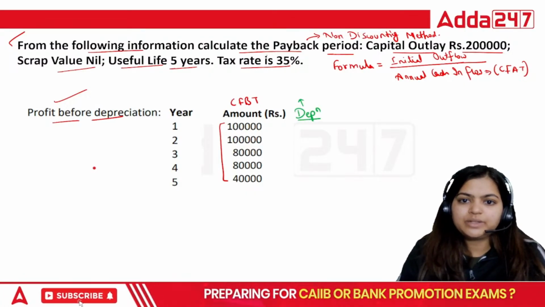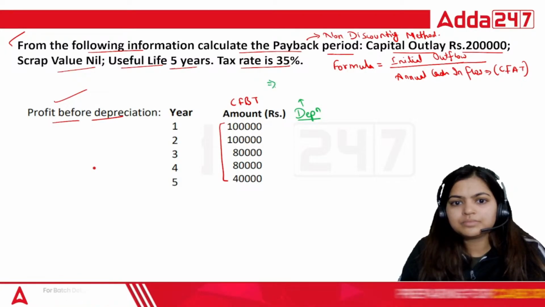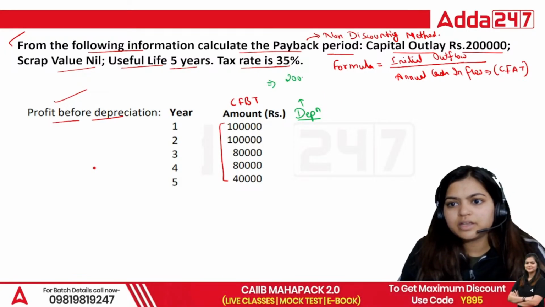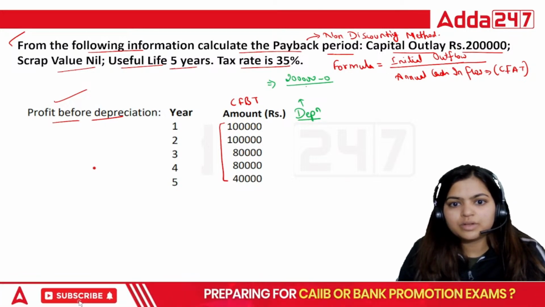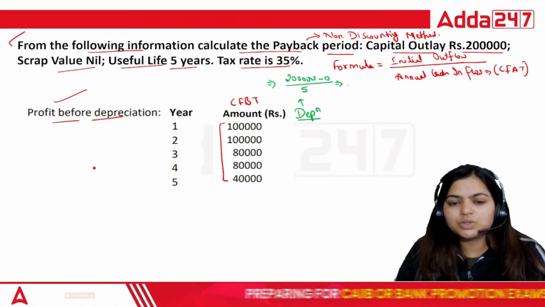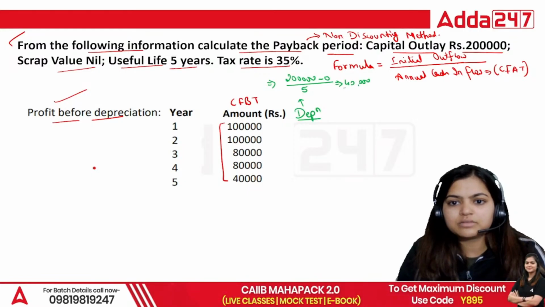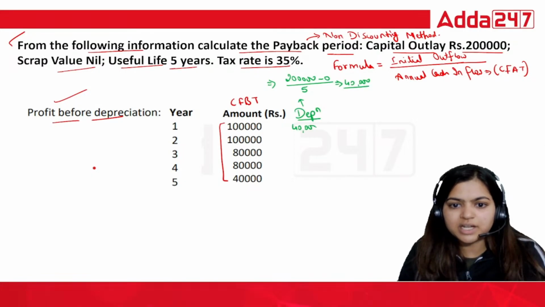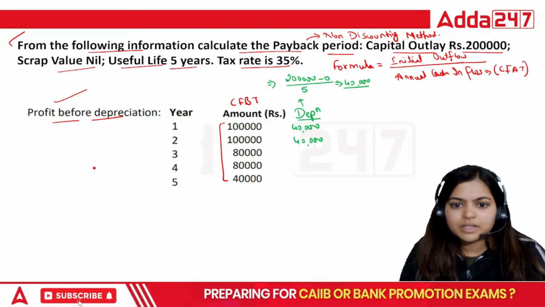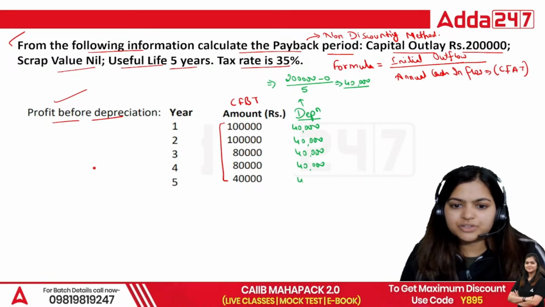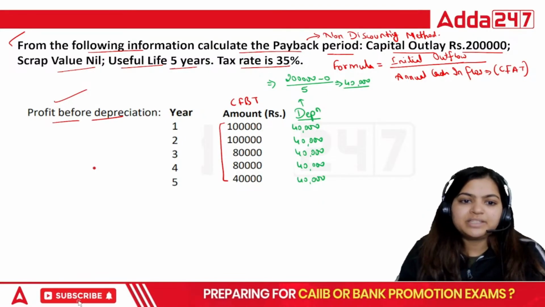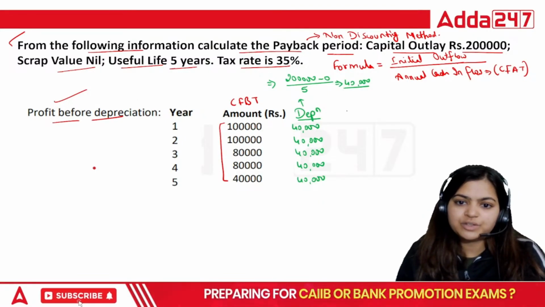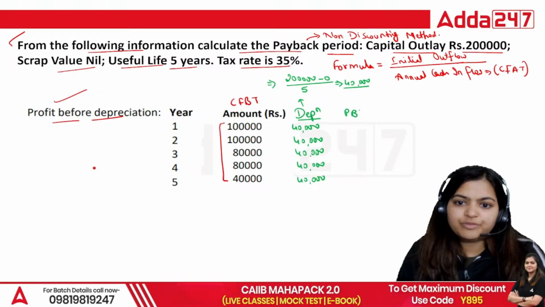Now here, how can you calculate depreciation? Your outflow is 2 lakhs, scrap value is 0, divided by 5. Yes, so 40,000 every year you are going to charge as depreciation. Always remember, whenever we are calculating capital budgeting, we take cash flow after tax. Okay, but this is profit before depreciation. So what is your profit before tax now?